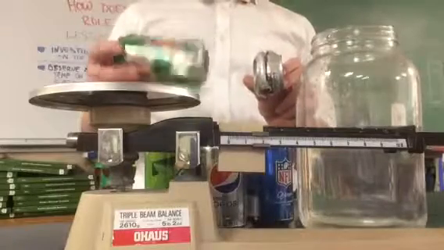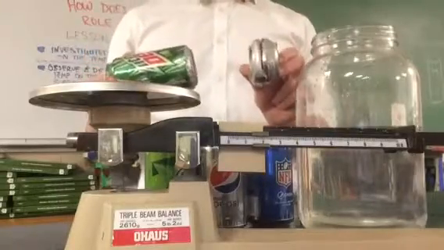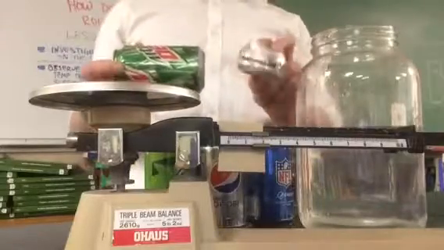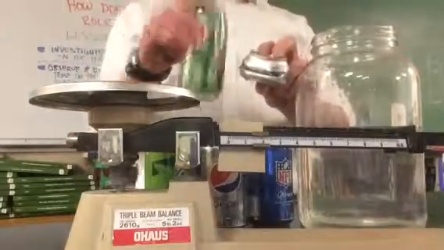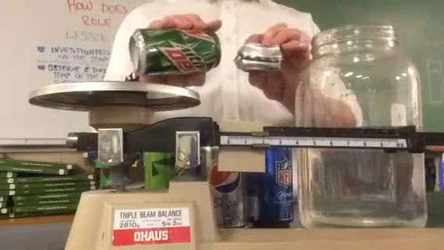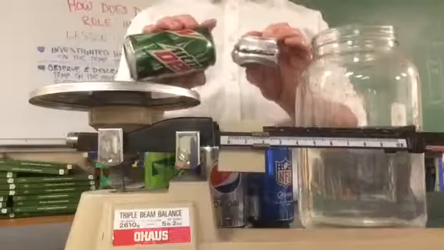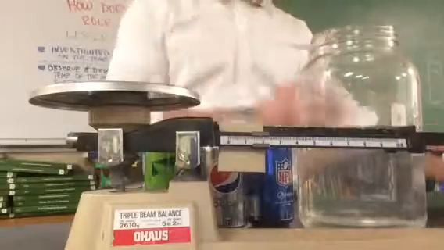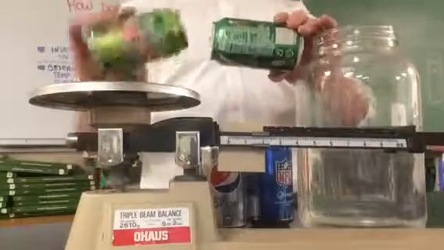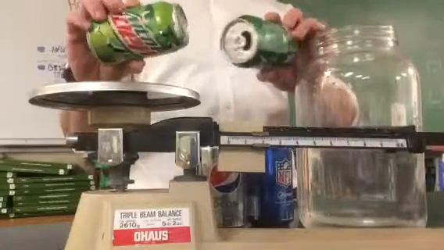The more stuff we have smashed into a smaller space makes it more dense. So this is more dense than this, even though we have the same amount of aluminum in both of these 2 cans.